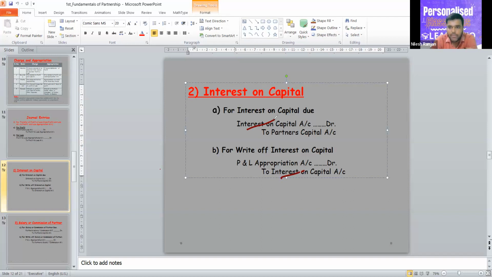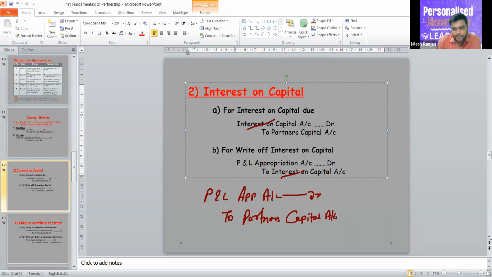The same amount is on the debit side, same amount is on the credit side, so we will remove this item. After that, there will be profit and loss appropriation account debit to partners capital account. So this is how we can combine journal entries.